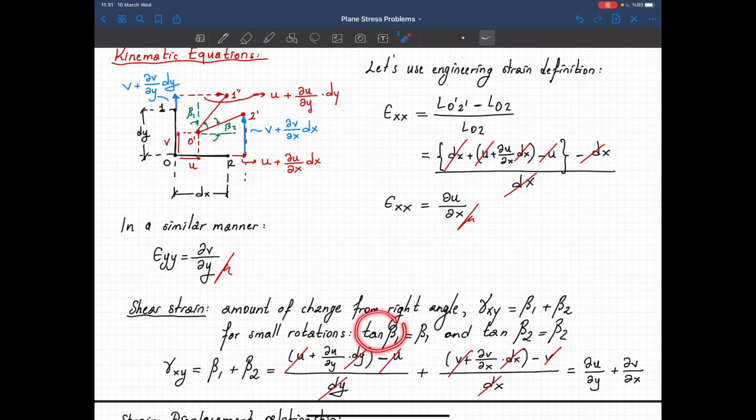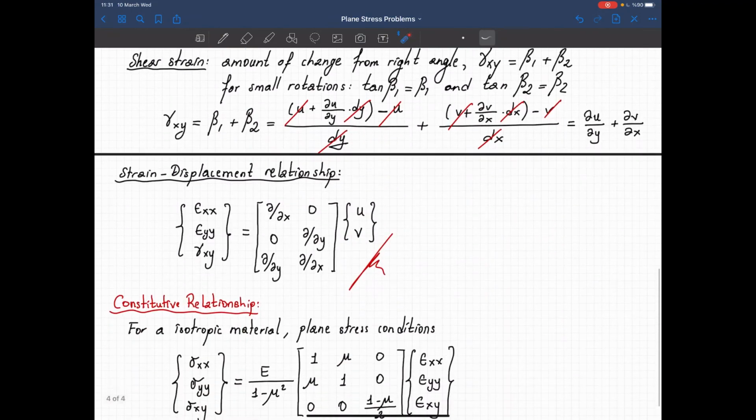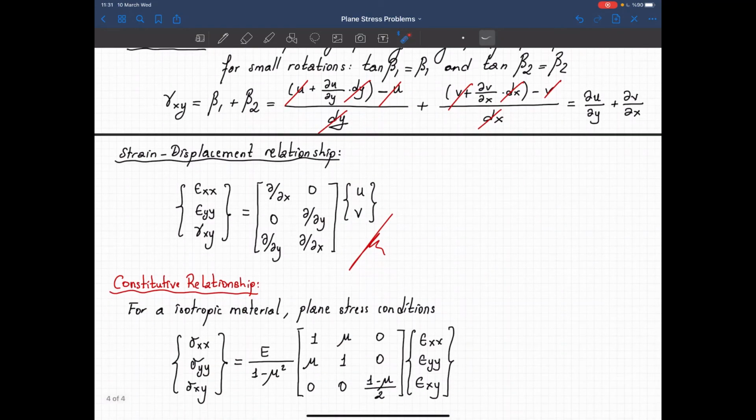We take tangent beta equal to beta, and while calculating this beta, again the deformation divided by the original length, and we obtain the following equation. And here we have the relationship between the strains and the displacements, and as you see, there is no drilling rotation here. It's not in this relationship.